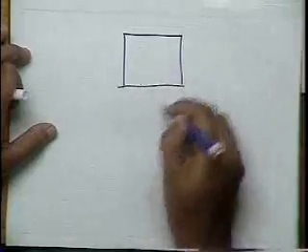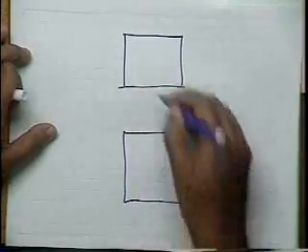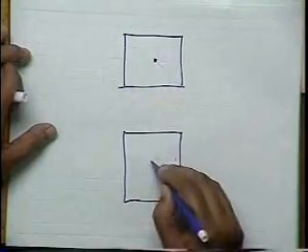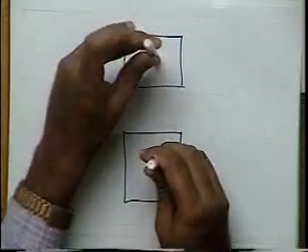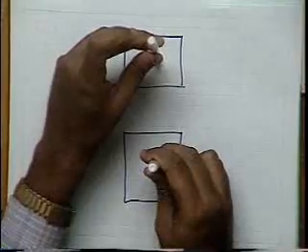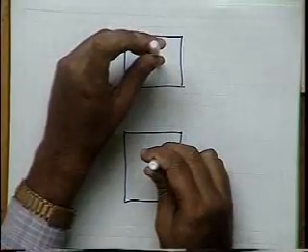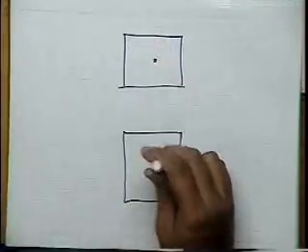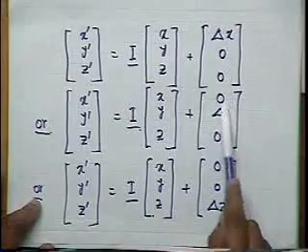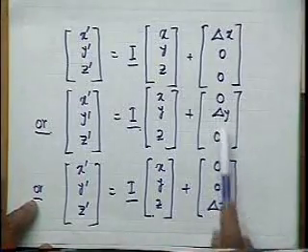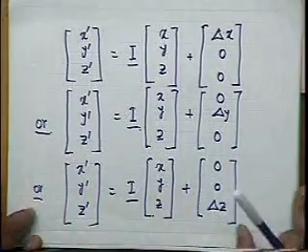Or the other alternative could have been where I consider one plane over here and another plane over here, this being the origin of the first camera, this being the origin of the second camera, like this, and I have a displacement by an amount delta y between the two cameras. So thereby I will have the second model, a displacement delta y only in the y direction. For x and z the displacement is 0.